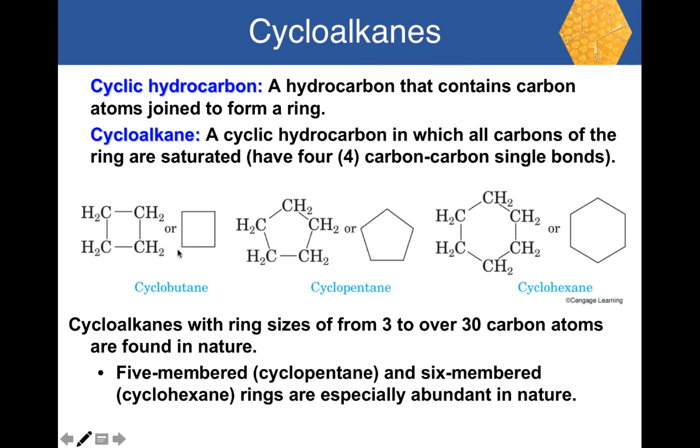So let's begin. Cycloalkanes are basically cyclic hydrocarbons. Notice hydrocarbons contain hydrogens and carbons. The main difference here between the compounds that we have discussed in the first part of the chapter is that they are joined by a ring.